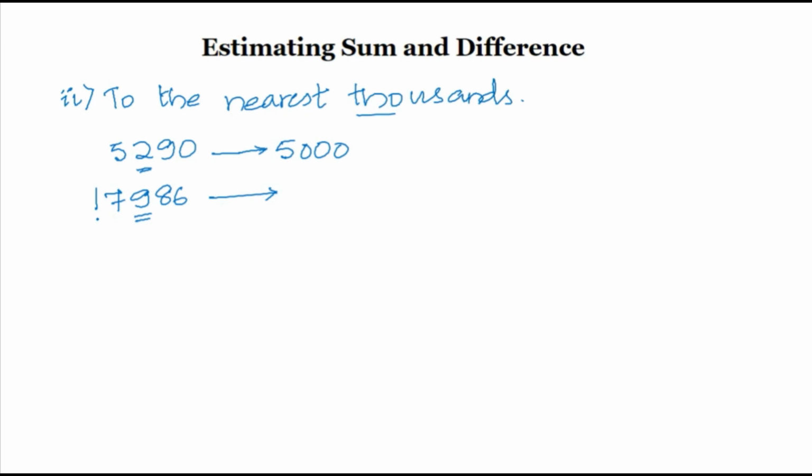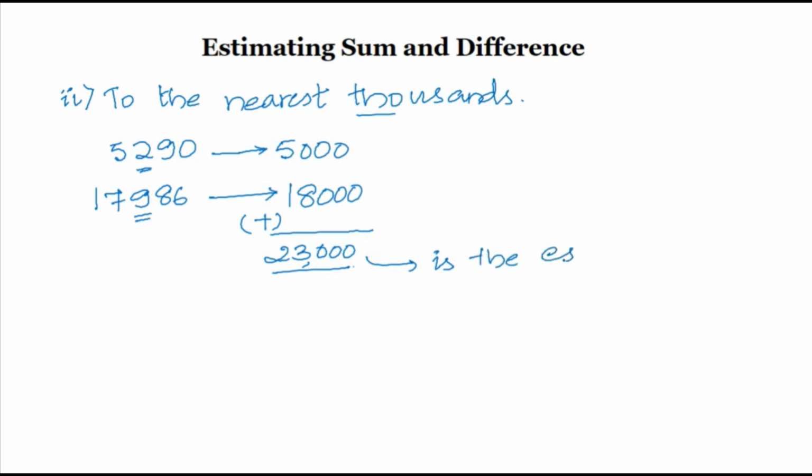This 1 we have to retain as it is, and the digits at ones place, tens place and hundreds place will be replaced with zeros. Therefore, the estimated number is 18,000. Now we have to find the sum. Therefore, the sum becomes 23,000. This 23,000 is the estimated sum.